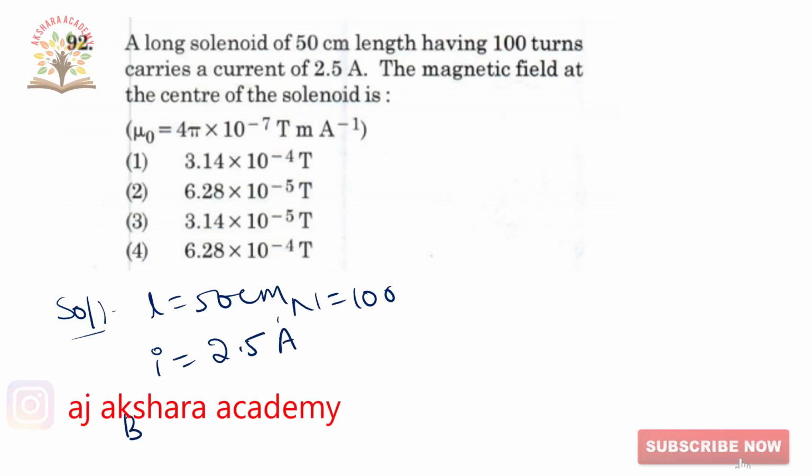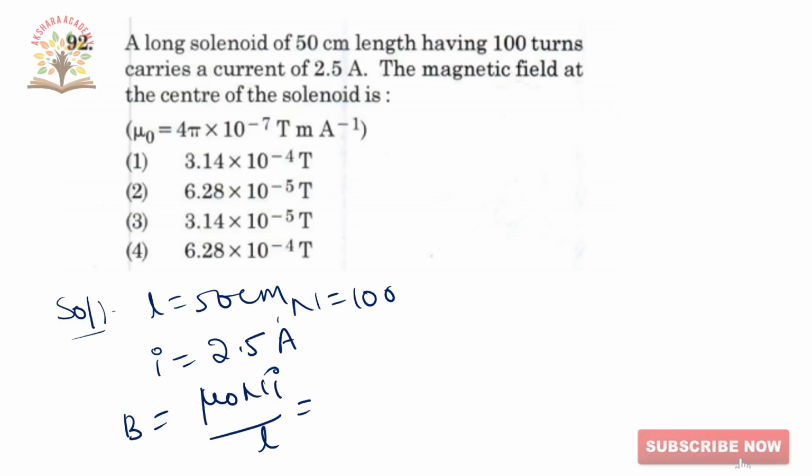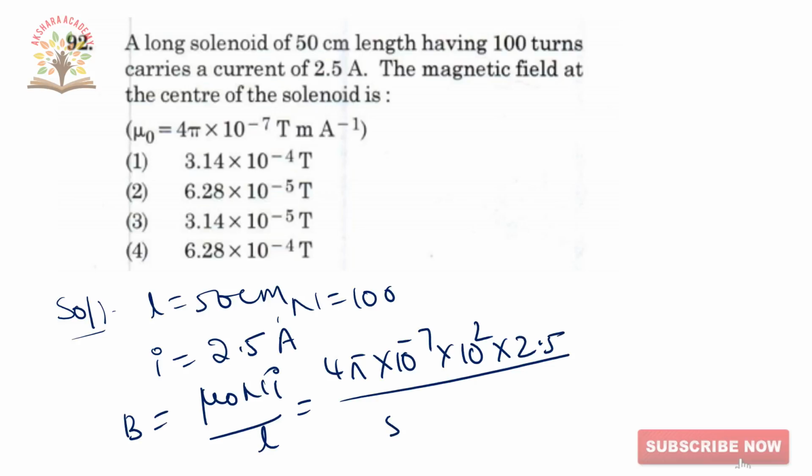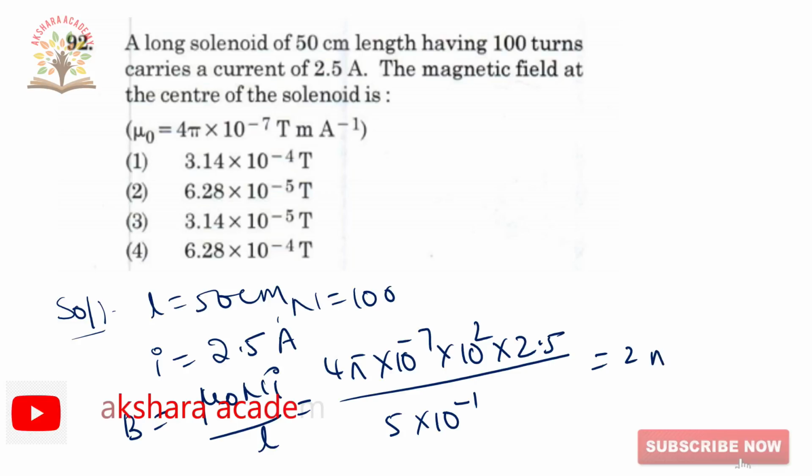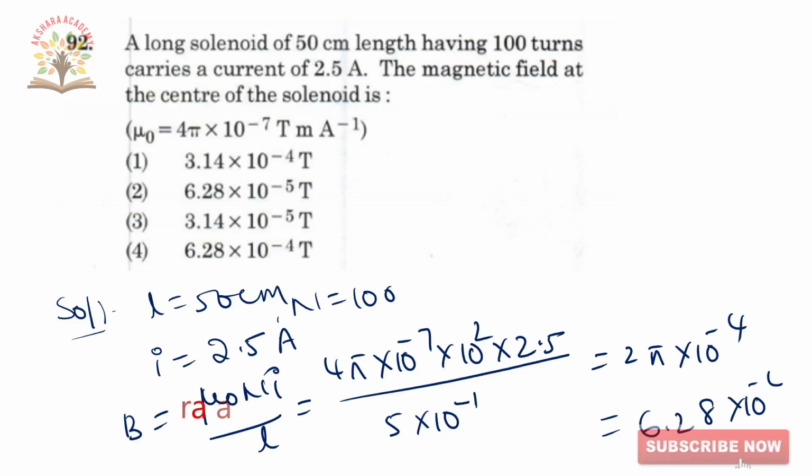B is equal to mu naught N I by L, that is equal to 4 pi into 10 to the power of minus 7 into 10 square into 2.5 by L, 5 into 10 to the power of minus 1. After cancellation, we are getting 2 pi into 10 to the power of minus 4, that is equal to 6.28 into 10 to the power of minus 4 Tesla. This is the final answer. So the fourth option is the correct option.